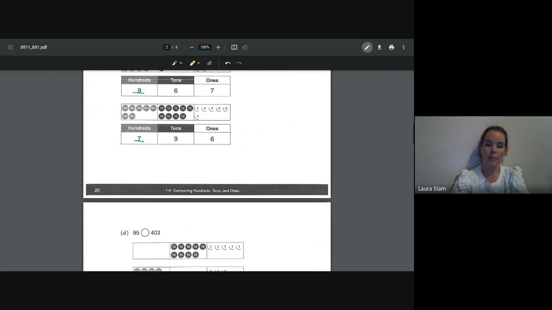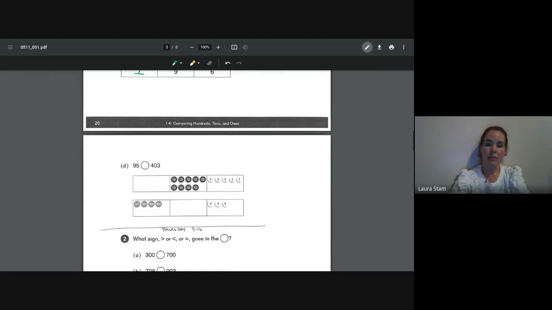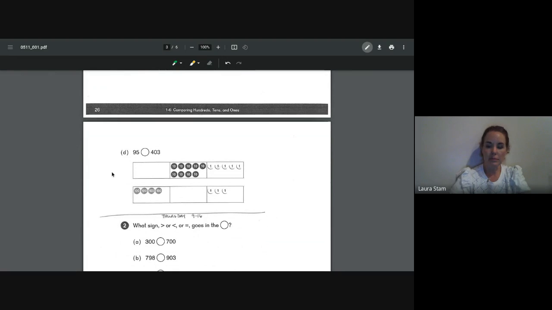Okay. Let's move down to this problem D. All right, this problem can be a little bit tricky, and this is where we have to be really careful. So I want you to pay special attention to this problem. And what's going to help us to solve this is our place value discs. So let's take this first number, 95. And right here we see we have 9 tens discs and 5 ones discs.